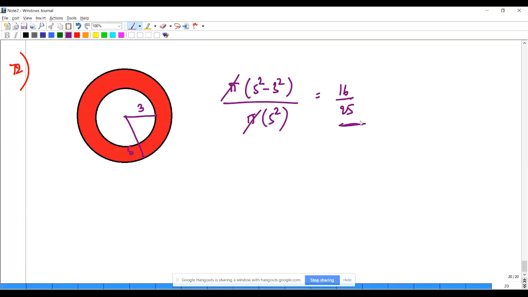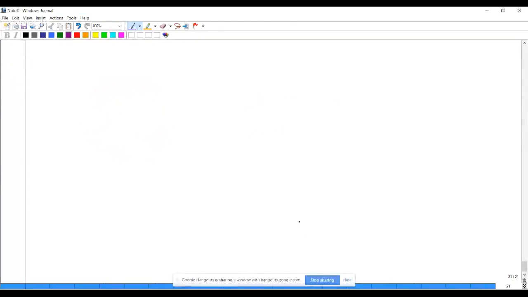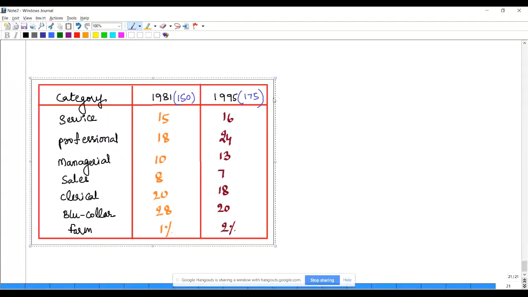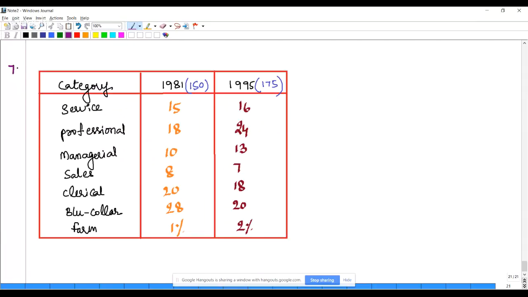So now look at the data interpretation questions. I'll try to get the data directly. The data is category-wise, given in millions, for 1981 and 1995. Now look at the 73rd question.